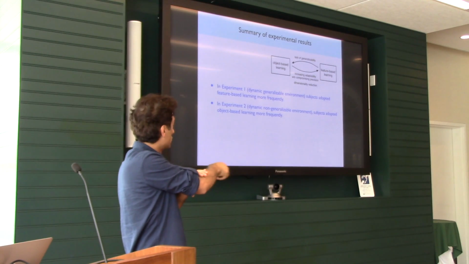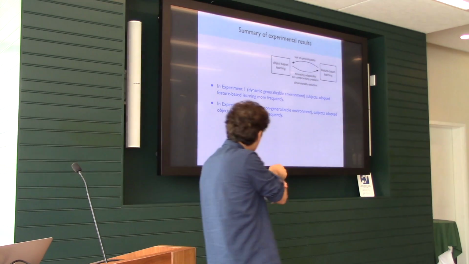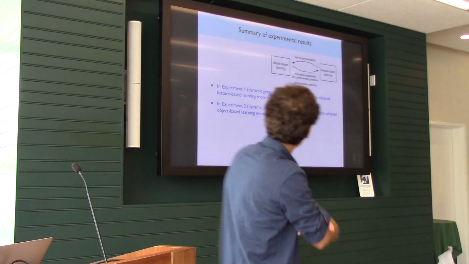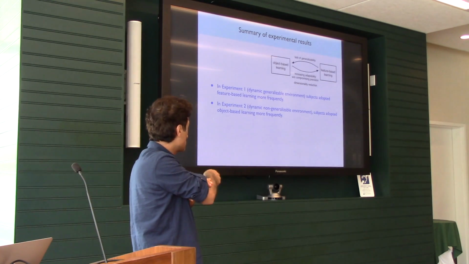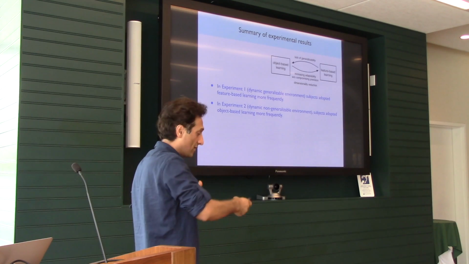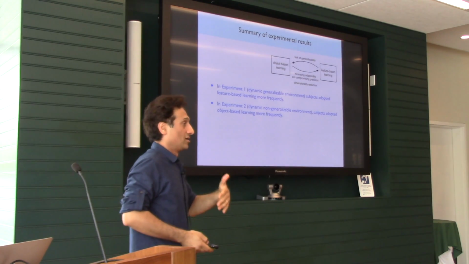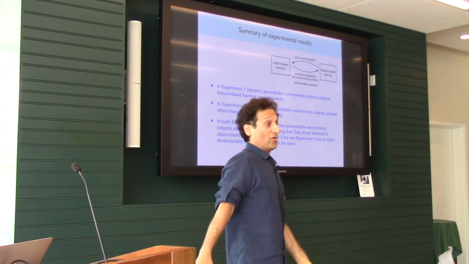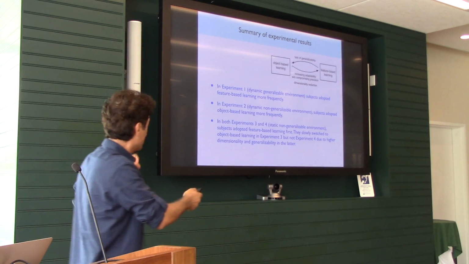One thing I don't show in this data is that we ran a few versions of this experiment, and we were frustrated by not being able to make subjects adopt object-based learning. It's very difficult to push them the other way around. Feature-based learning is a really good heuristic, or you can say people are really lazy, but it doesn't matter.